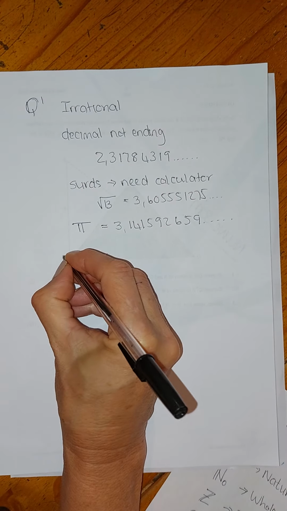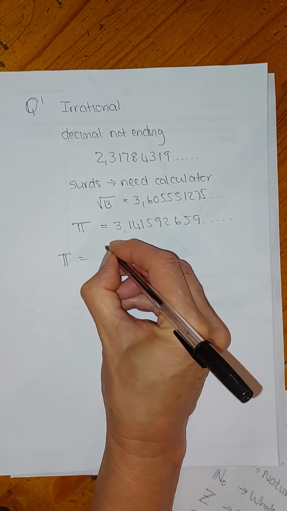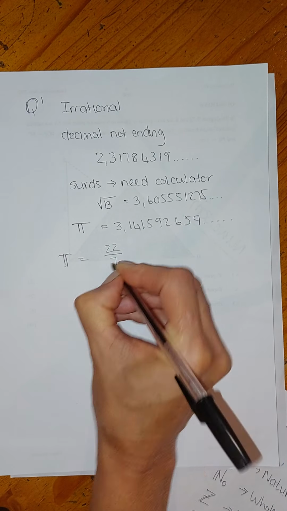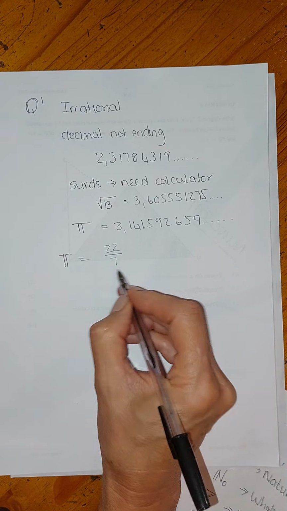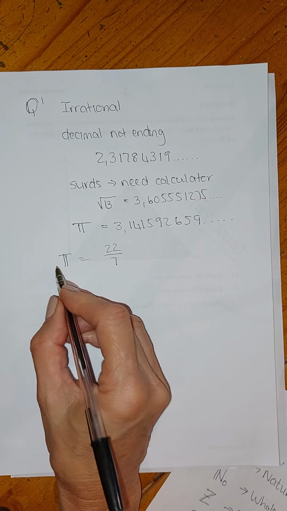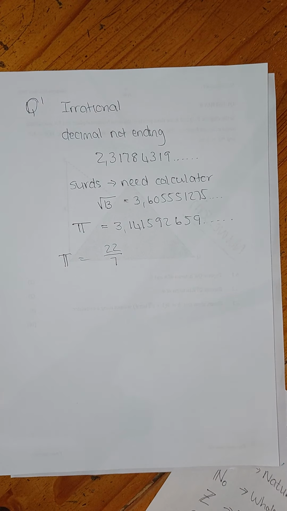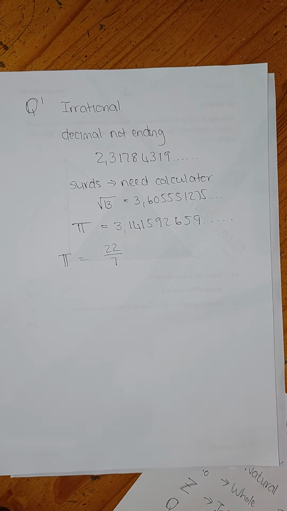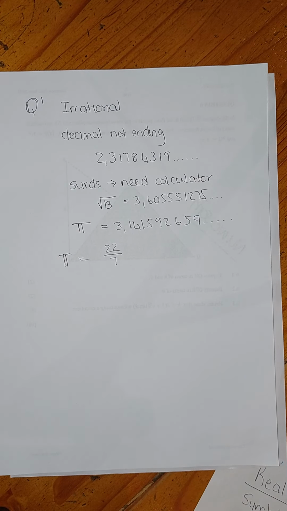Now I know that we said pi is 22/7, and you can think, but I wrote it as a fraction, so why is pi not a rational number?